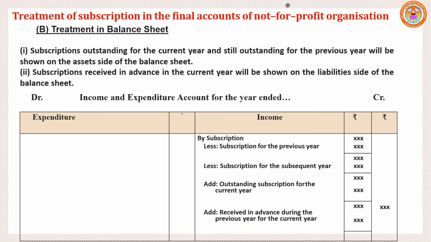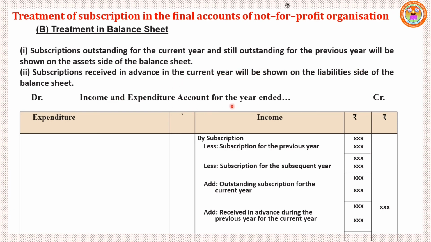So that means current year outstanding subscription and previous year outstanding subscription will be shown on the asset side. Subscription received in advance in the current year, that means next year's subscription, now in the current year itself we have received in advance, that will be shown on the liability side of the balance sheet.